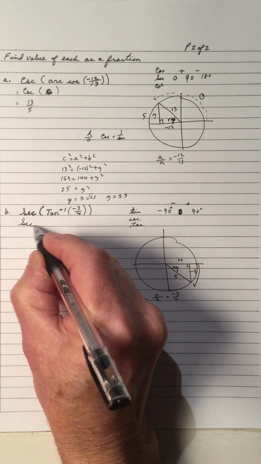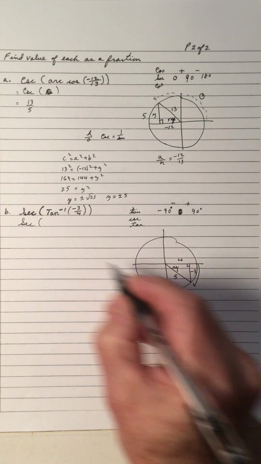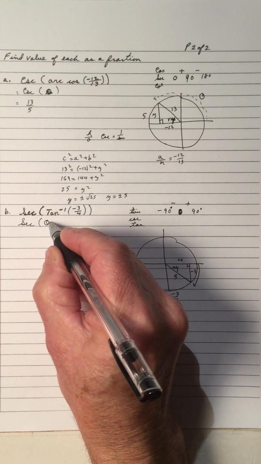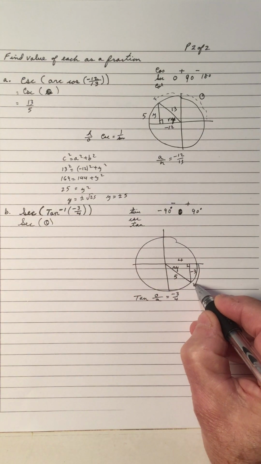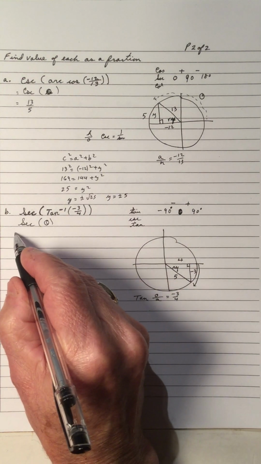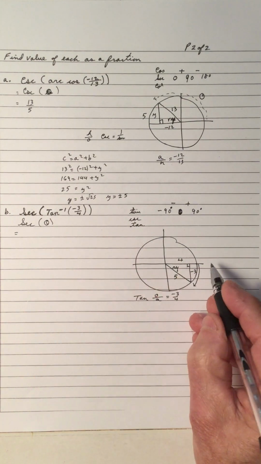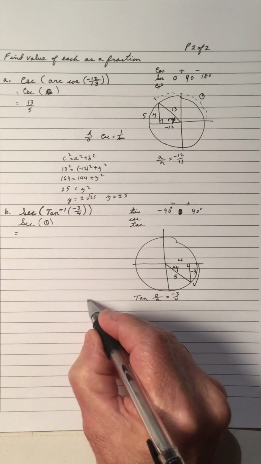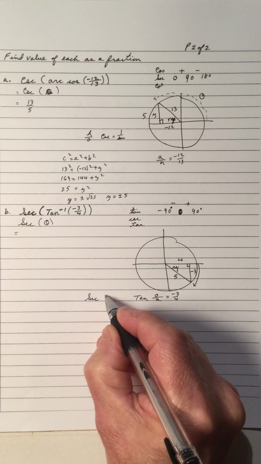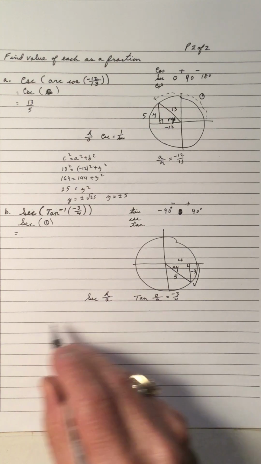So this is the secant of, and the angle here, let's just call that angle theta. We don't need the angle because we just want the other parts of this reference in relation to figuring out secant. Secant is the reciprocal of cos, so secant is hypotenuse over adjacent.